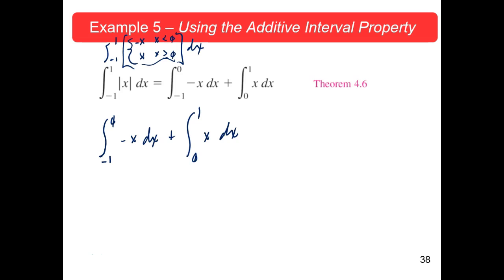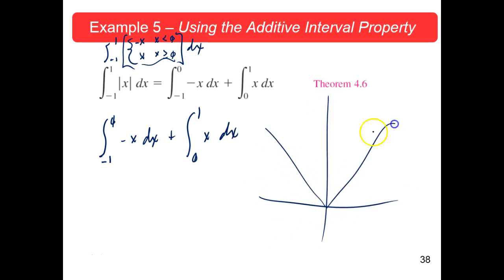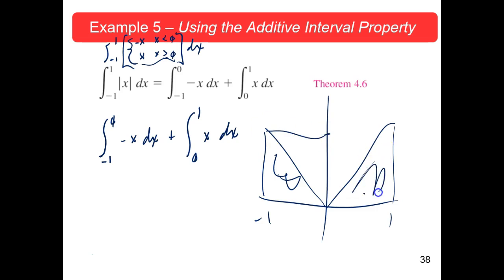Now, since we don't know how to do this yet, or aren't supposed to know how to do it yet, what you can do, and this is even easier, is graphing this, and it's going from -1 to 1, and this goes to 1 on either side here. So this is half of the square, right? 1 by 1 square, so that's 1/2, and this is another half, so this is equal to 1.